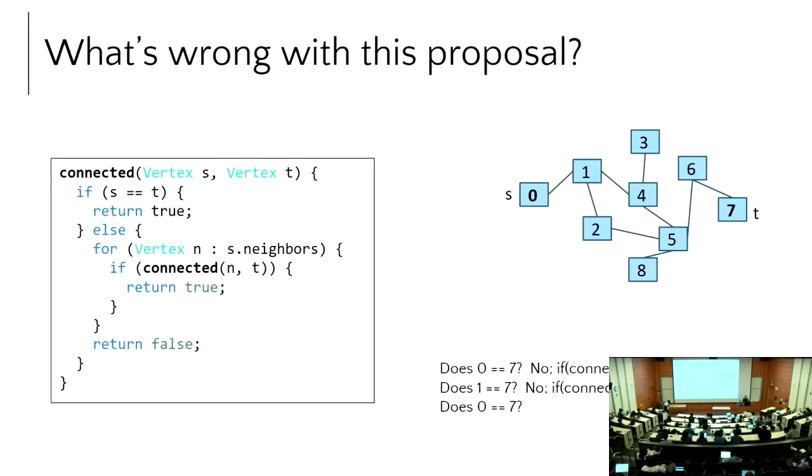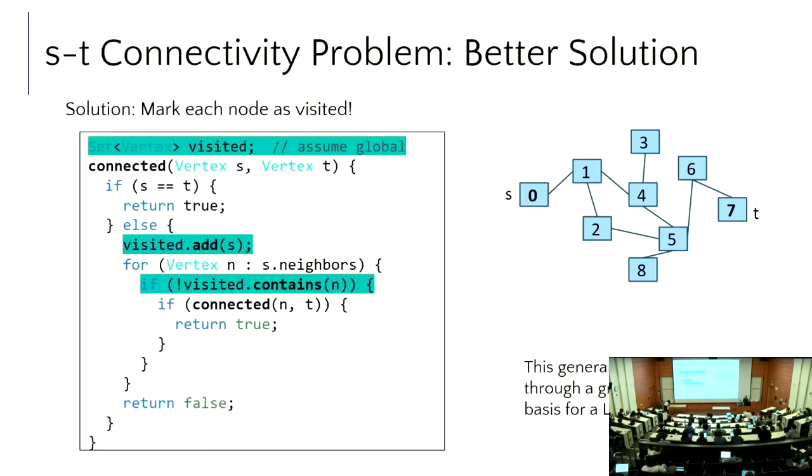And the way that we are going to solve this problem is we're literally just going to remember where we've already been. And if we've been there, don't go there again. So here's our same code, and we've added a set that's highlighted up here. And we are going to essentially mark each node as processed or seen or visited or stepped on or whatever makes most sense in your brain.